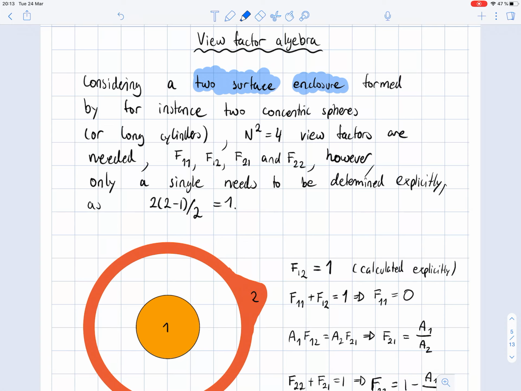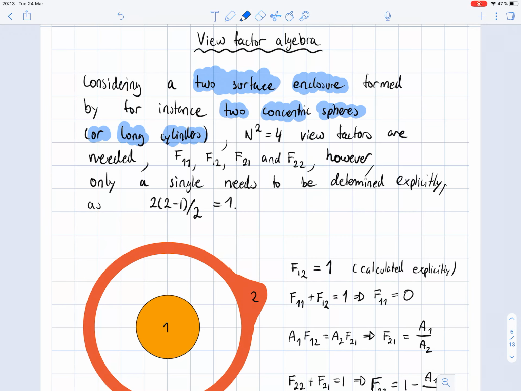This can, for the sake of example, be two concentric spheres or two long cylinders. It wouldn't change our results. And by long, I mean infinitely long. But of course, for the concentric spheres, it's true for all kinds of spheres.